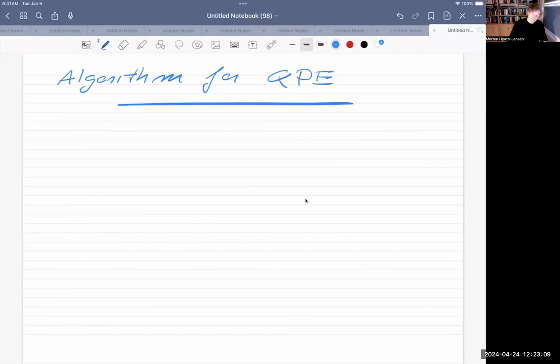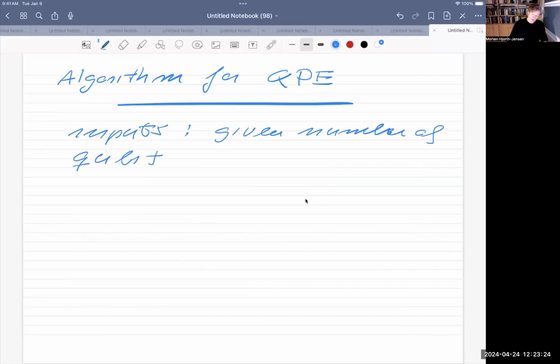So the inputs here are a given number of qubits for the register T, or T register. And these are those which we want to apply a controlled U operation on. So we need to specify that. We need to have this state which we want to operate on. So we have this operation U, which needs to be defined.